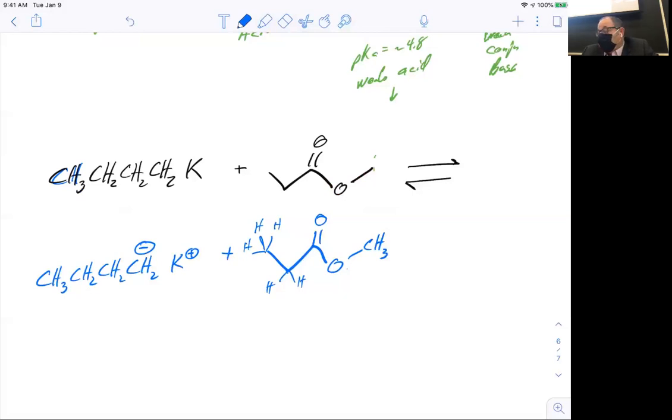Okay, there's a very small inductive effect between the oxygen and the carbon here. But the bigger impact is that that could be in resonance, right? So this is an alpha position, right?